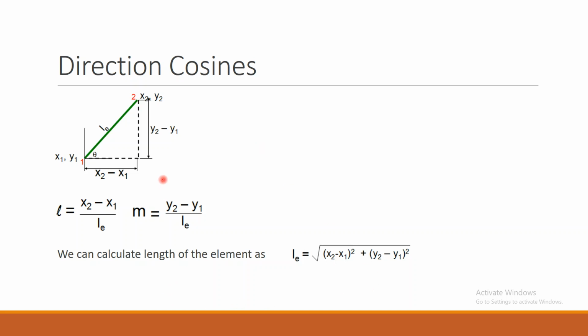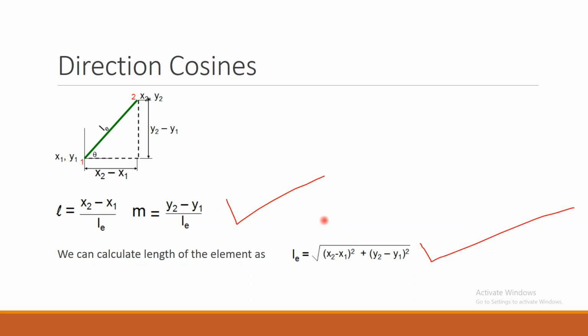Later, coming to the length of the element, that can also be represented by using the coordinate relations that we have dealt with in your primary classes. The length of the element is nothing but the square root of (x2 minus x1) whole square plus (y2 minus y1) whole square. So we can adapt to these equations. In total there will be three: two are the direction cosines, and another one is the length of the element.